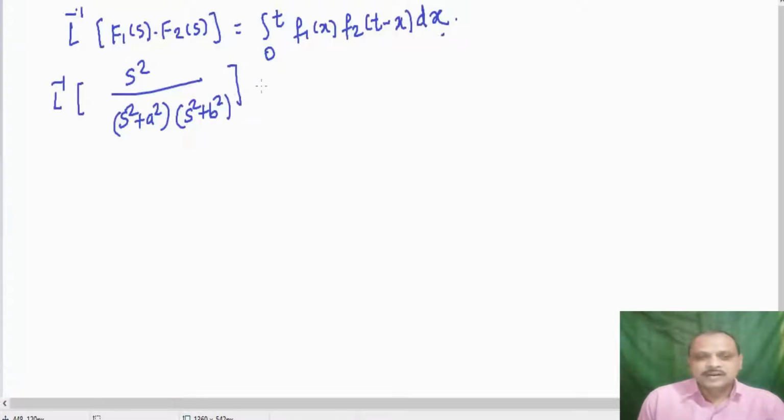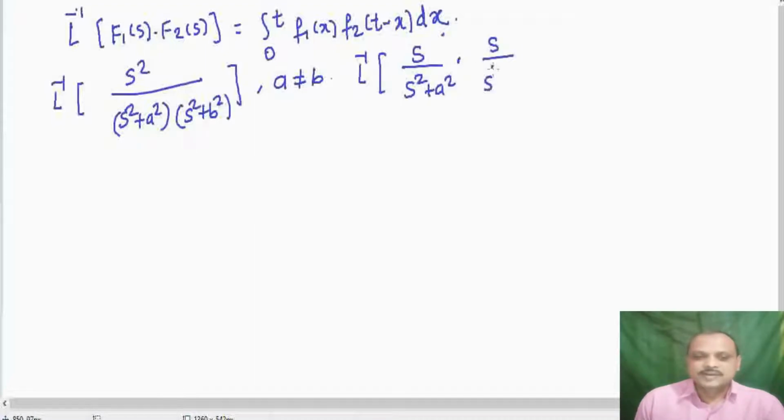Here a is not equal to b. Now we are going to solve this problem. Here you can see that we can write it as L inverse of s divided by (s square plus a square) into s divided by (s square plus b square).